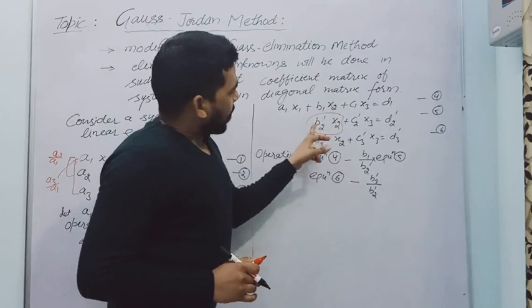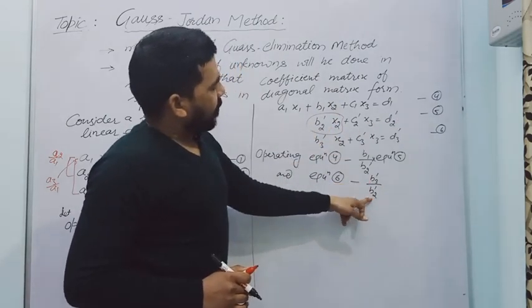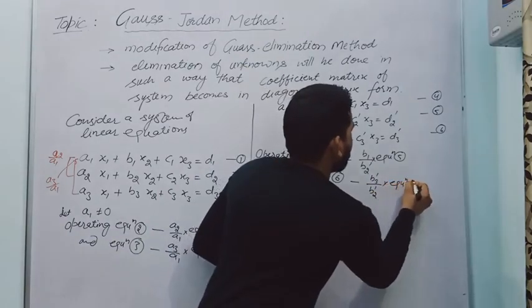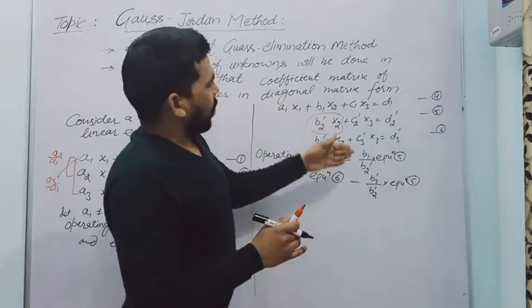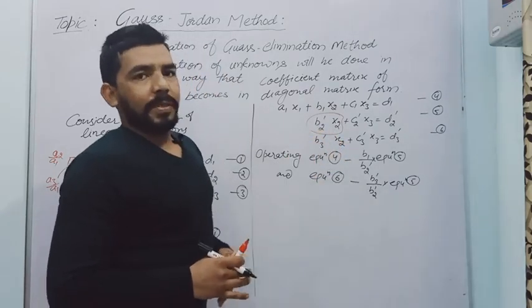So multiply equation number 5 by b3 dash by b2 dash, and subtract from equation number 6, then you will see that x2 will be eliminated.